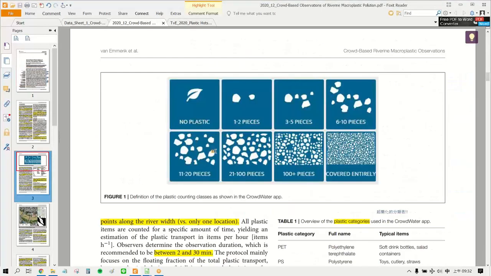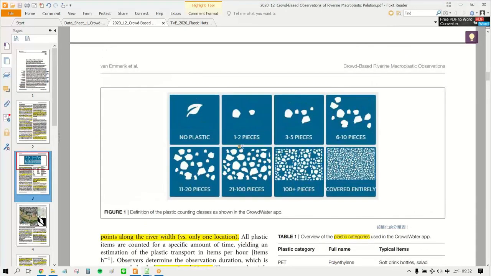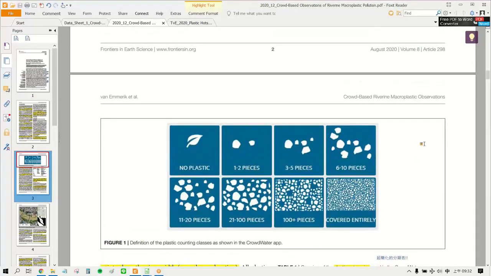So let's go to figure 1. These people use a mobile application to survey or record riverine debris, which is floating plastic and plastic on the riverbank. They set 8 categories for the number of plastic items, from no plastic to 1 to 3, 1 to 2 pieces and 3 to 5 pieces.